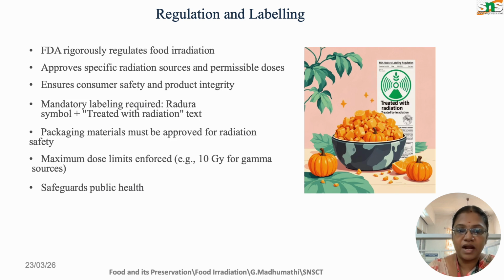It is mandatory to label the Radura symbol, which indicates that the food has been treated with food irradiation, and this has to be approved. The packaging material used for irradiated foods has to be recognized under proper standards, and the maximum dose limit enforced is 10 kilogray for gamma sources.